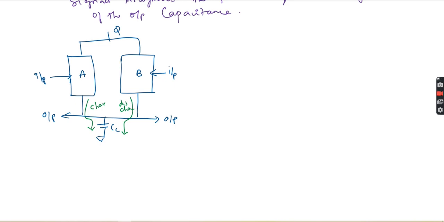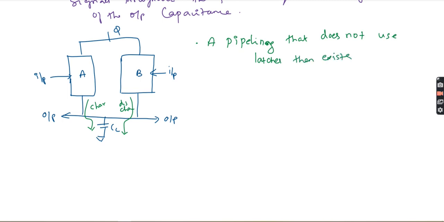So it means a pipelining that does not use latches can exist, and 1 by T, that is for throughput, is that right? 1 by T scaling can be retained.